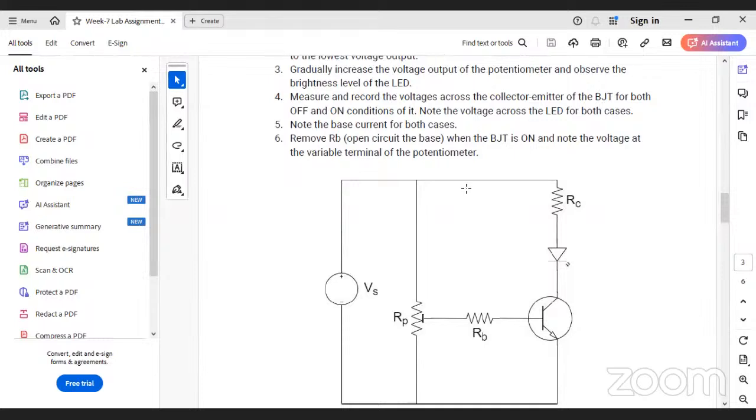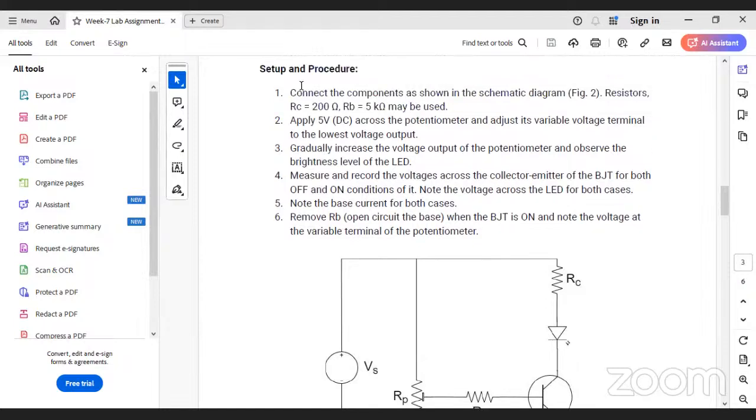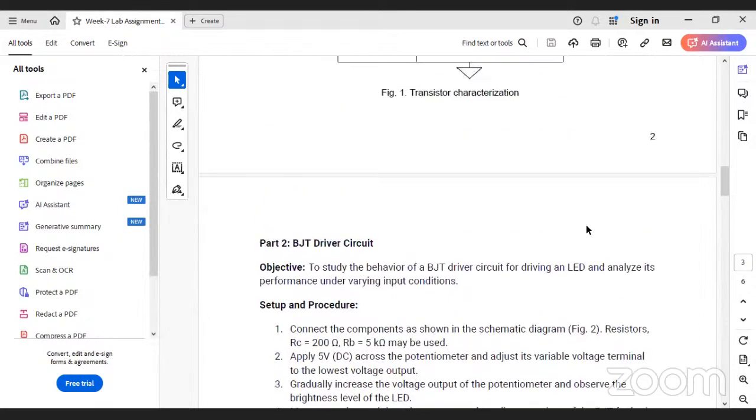Okay. Any more doubts? In your dashboard it is updated. The document is updated.